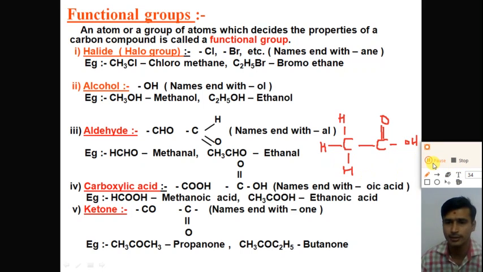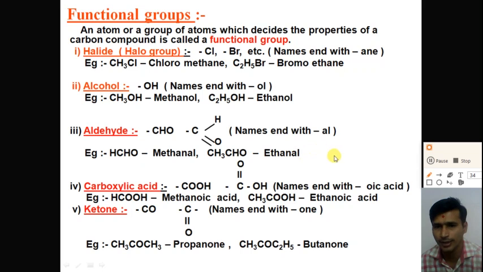Understand? Yes. Let us make a structure of the propanoic acid. In propanoic acid, there are 3 carbon atoms, and any of the carbon atoms at the end makes a carboxylic group, right? So if you consider this carbon atom, it makes a carboxylic group. You can take this carbon atom also to make a carboxylic group. If you take this carboxylic group, the carbon atom makes a covalent bond with the oxygen.